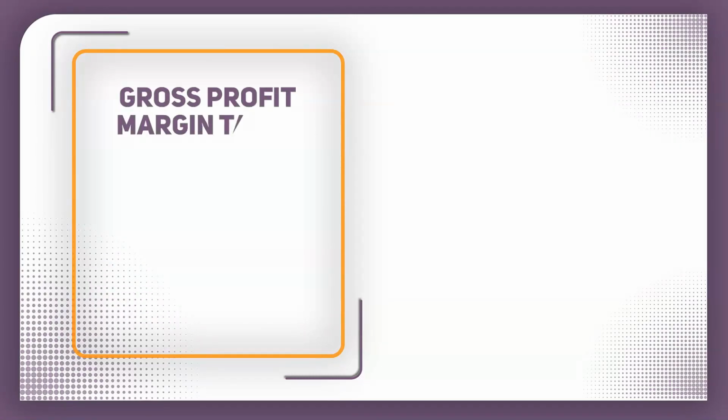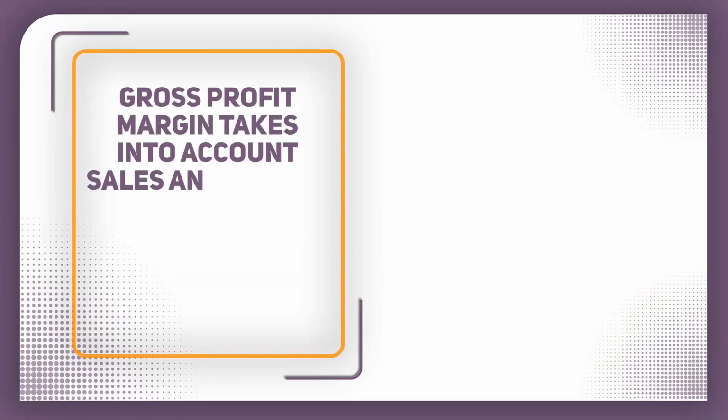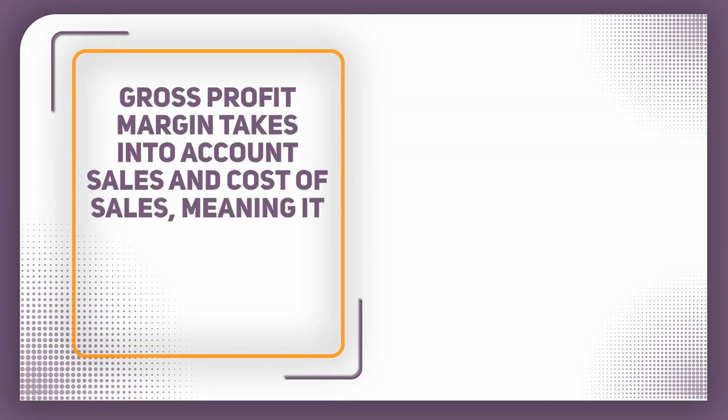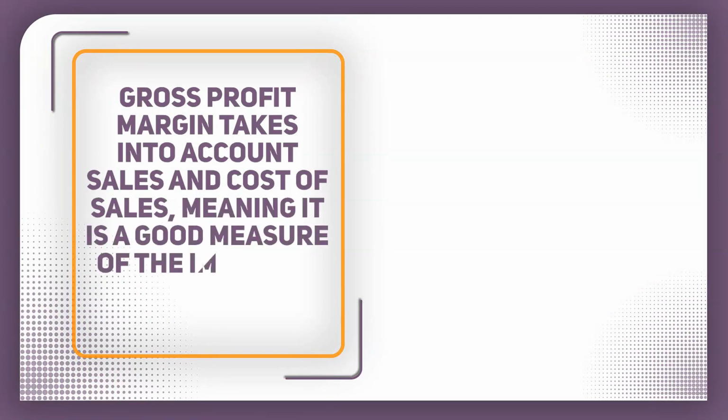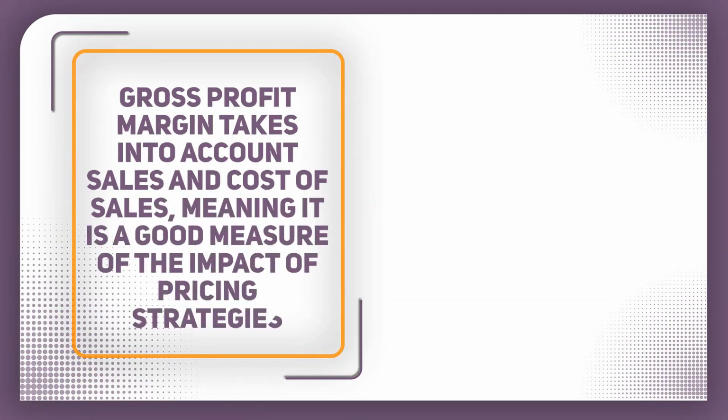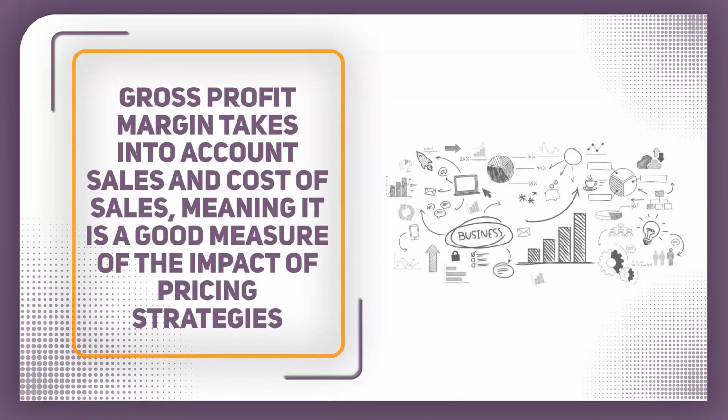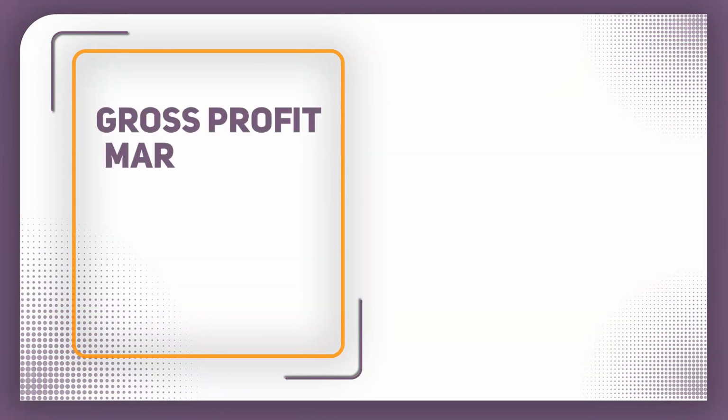We've seen that the gross profit margin takes into account sales and the cost of the sales, meaning that it is a good measure of the impact of pricing strategies and the impact of the cost of materials and labour used to directly produce a product or to deliver a service.